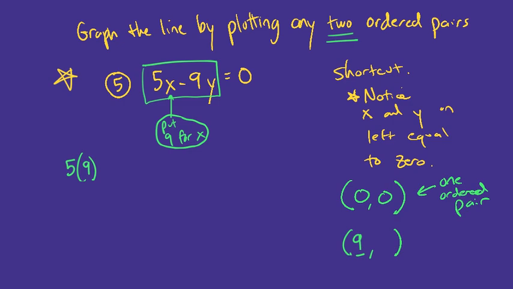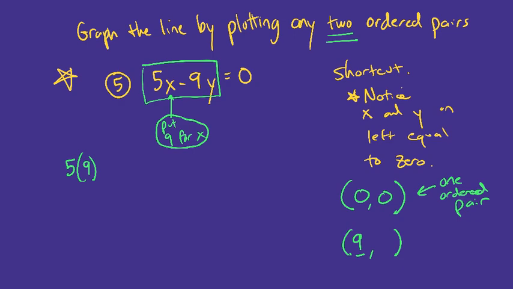And by the way, the reason I've chosen 9 is because we've got this 9 here. We could also put 5 in for y, which is the coefficient of x. So you're basically just swapping these. Instead of x, we're doing 9, or instead of y, we're doing 5.